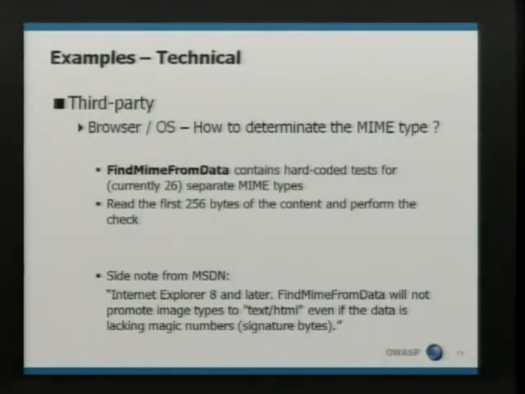There's a function which is called FindMimeFromData, which reads the first 256 bytes, and then tries to guess the MIME type. There are 26 hard-coded tests inside, and if they find, for example, the HTML tag there, they treat it like a valid HTML file. That means they give you text/html as the MIME type back.